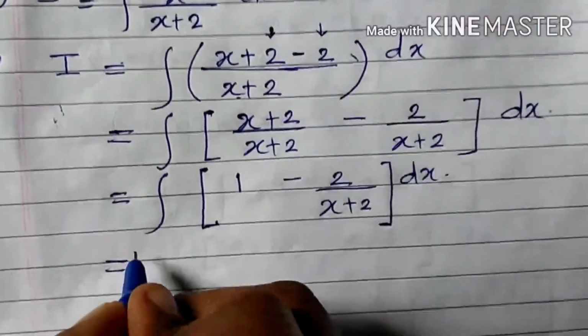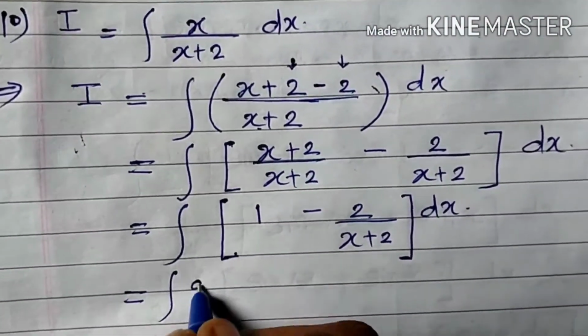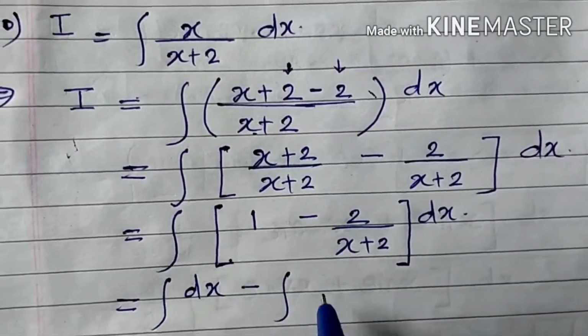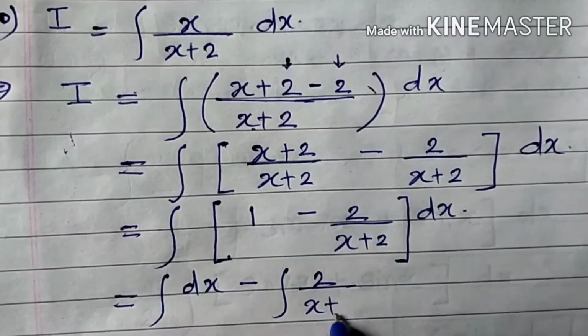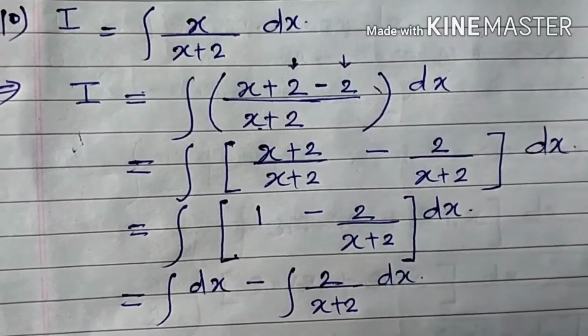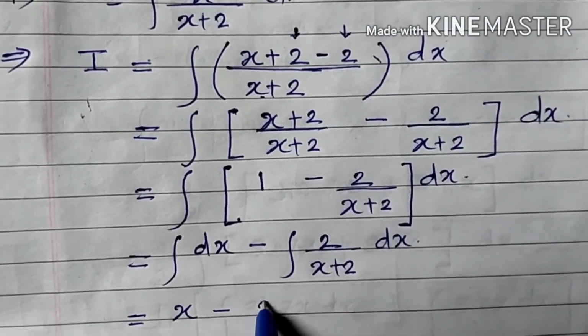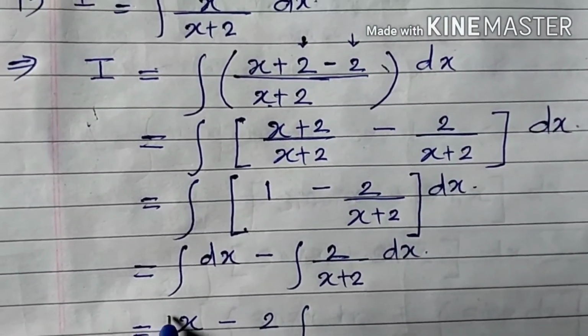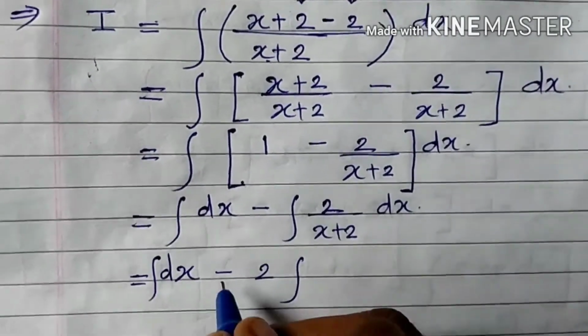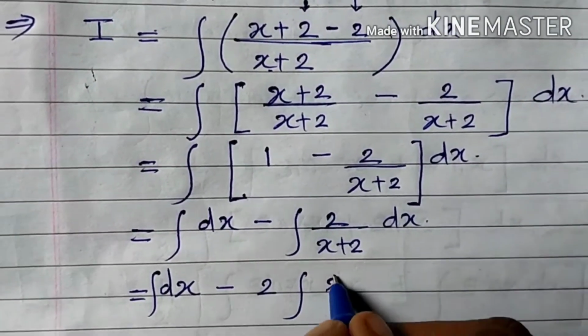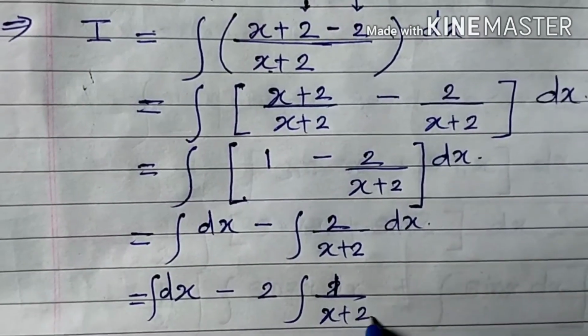Separate the integration. It will become 1 into dx is dx minus the integration of 2 upon x plus 2 dx. Integration of dx is x minus 2. Take 2 outside of the integration, or write it like that: dx minus 2 upon x plus 2 into dx.